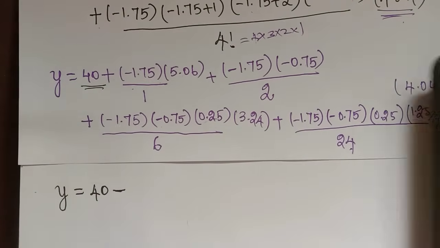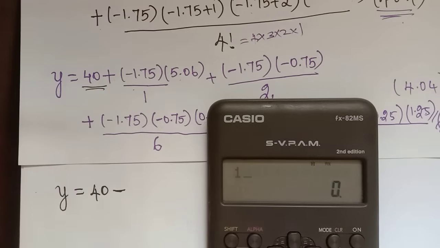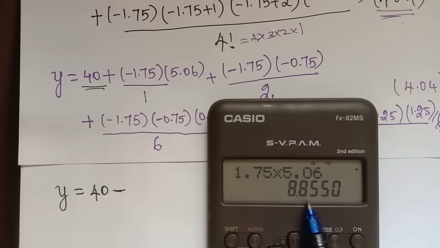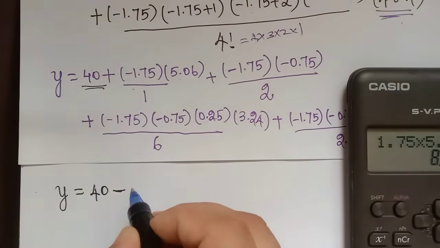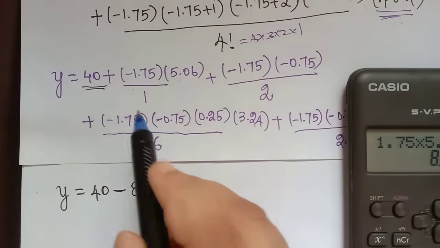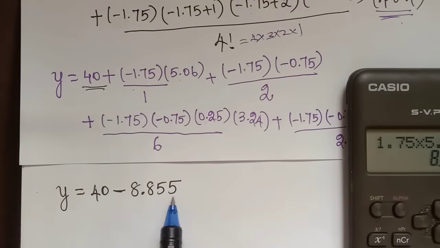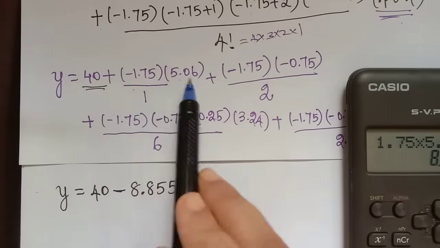And now we have to multiply these two terms, that is 1.75 multiplied with 5.06, which is equal to 8.855. Okay, so that we will write. So 8.855 divided by 1. So we will write it just because divided by 1 is going to be the same only.